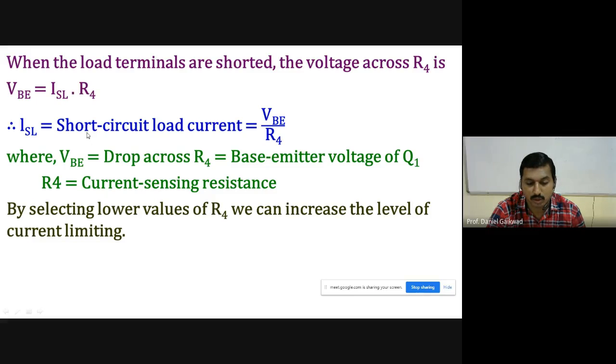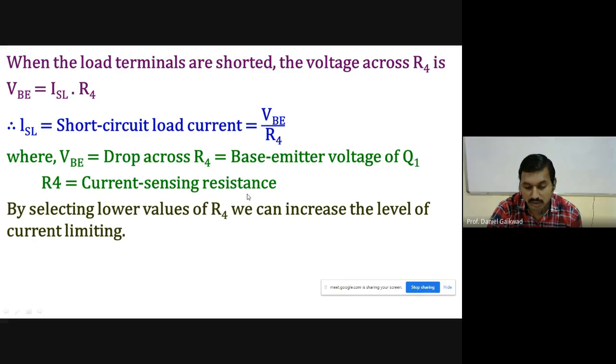ISL is called the short circuit load current, and that is equal to VBE divided by R4. So this is the short circuit current, and that will flow through R4, and accordingly we have the VBE here. The VBE drop across R4 is nothing but the base emitter voltage of Q1.